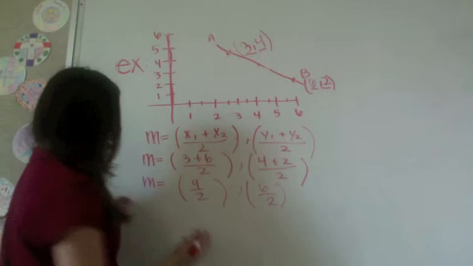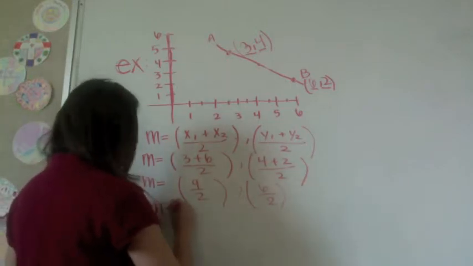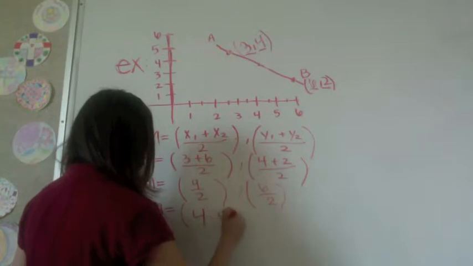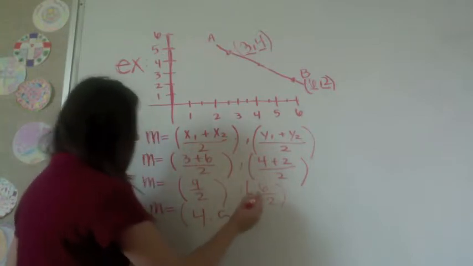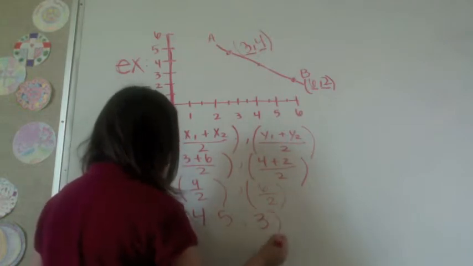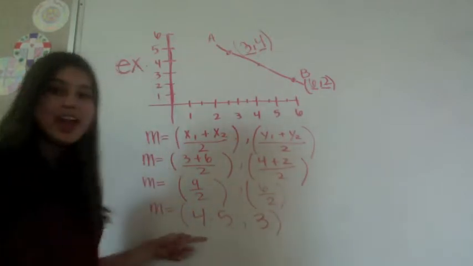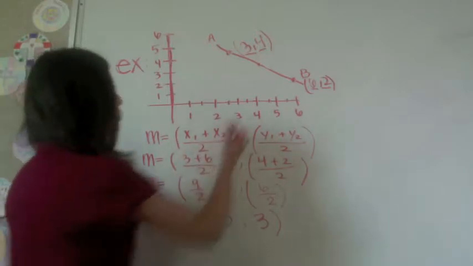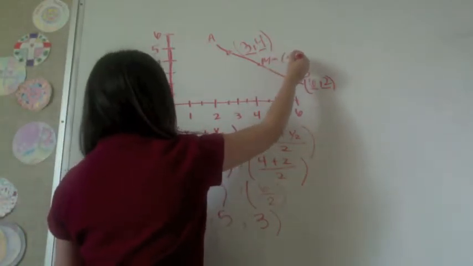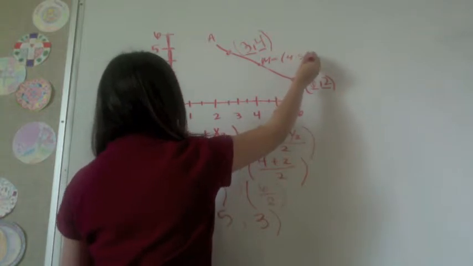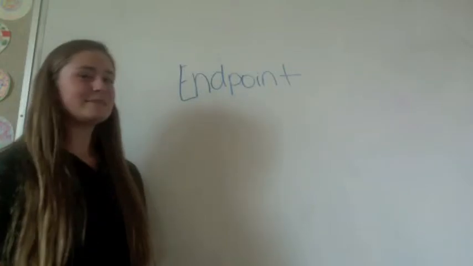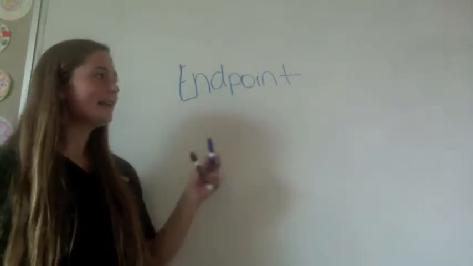Now we divide. M equals 9 divided by 2, which equals 4.5, and 6 divided by 2, which equals 3. And that is our midpoint. M equals 4.5, 3.